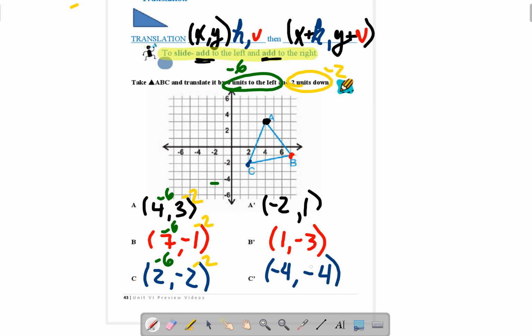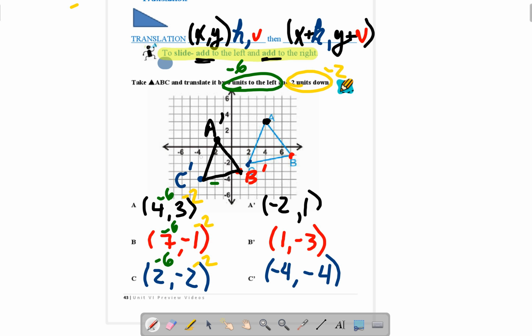Okay, let's go ahead and plot these new points. That's called A prime, so A with a little tick mark there. All right, your resultant, you should have the exact same shape. It's just been translated or slid.